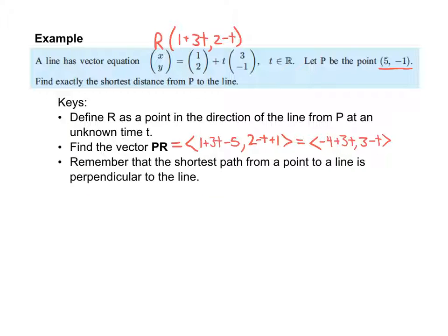It's a direction vector. No, that's a point on the line. Okay, what's our direction vector on that line? B. What is it on this one?